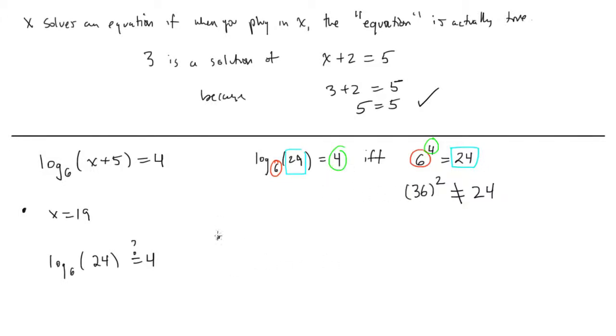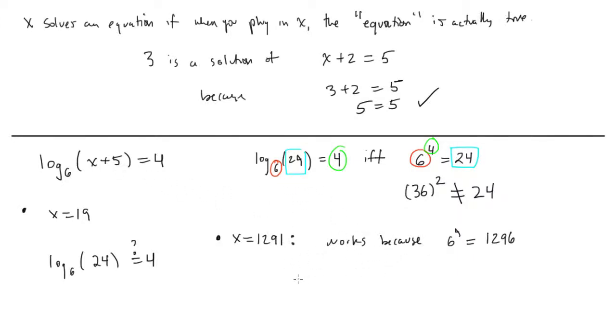Okay, now if you've got one that works, let's just take 1291. This actually does work, because if I take 6 to the 4th, it equals 1296, and that happens to be exactly 1291 plus the 5 that's over here.